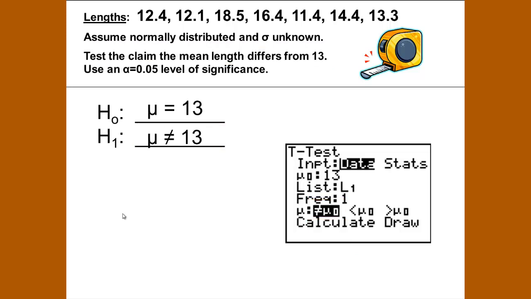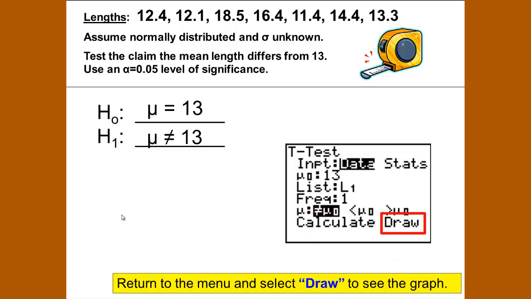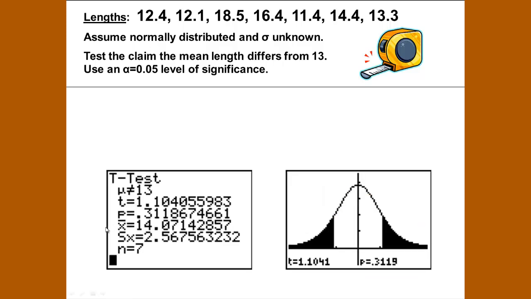So we've selected the not equal to. We will then select Calculate, then go back and select Draw so that you can see both options. Notice that this is a two-tailed test, and we've talked about that in earlier videos. Not equal to gives us a two-tailed test, and that's clearly shown in our picture.